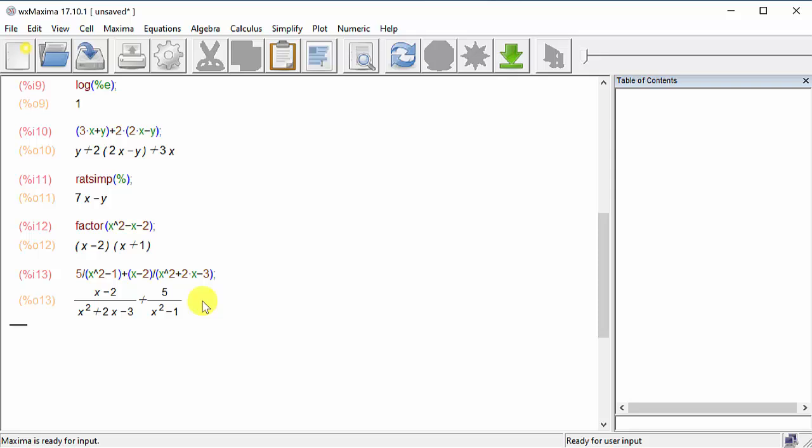It looks good. We can see that we typed it in correctly. Now let's do ratsimp of that previous output. So ratsimp, and then percent. Semicolon, Shift Enter, and there you have it. You see how it does that?